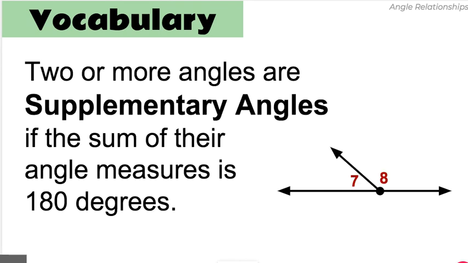Next up, supplementary angles. Please make sure that your notes say supplementary and 180 degrees. So when we take our two angles, we have angle 7 right here and angle 8 right here. We have a perfectly straight line here.